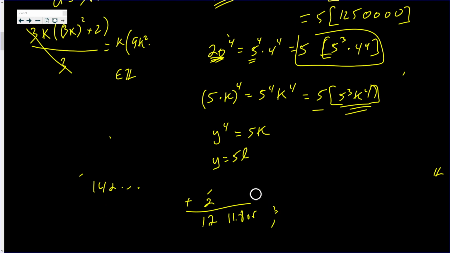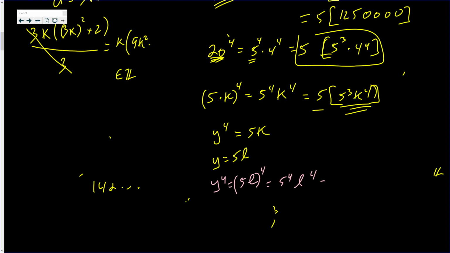Because if you're of the form 5l, that means y to the 4th is 5l to the 4th, which is 5 to the 4th, l to the 4th, factor out a 5, get 5 cubed l to the 4th, and this here, so let me call this 5m. This here is what I'm calling m.